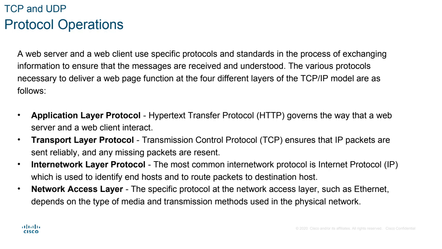We have the application layer protocol. You need to know an example for each one of them. So we have HTTP for the application layer. For the transport layer, we already mentioned TCP and UDP. Then we have the internetwork layer protocol, such as IP or Internet Protocol. Then we have the network access layer, such as Ethernet.